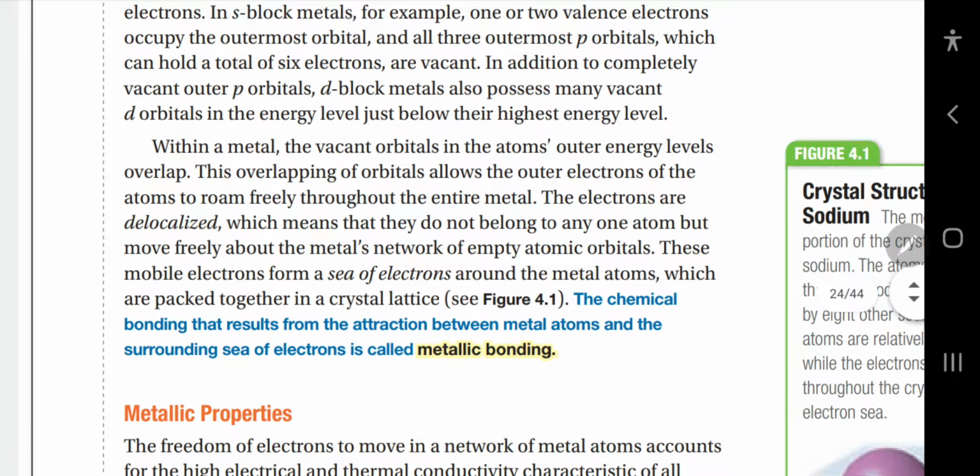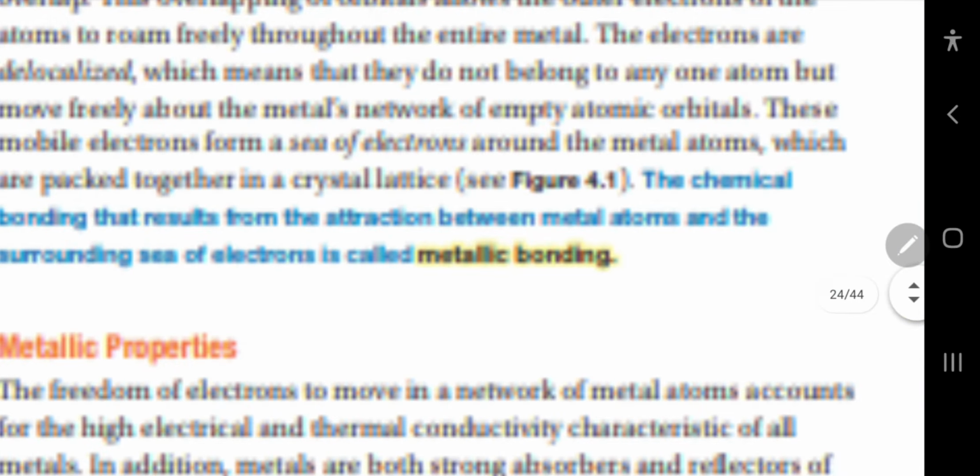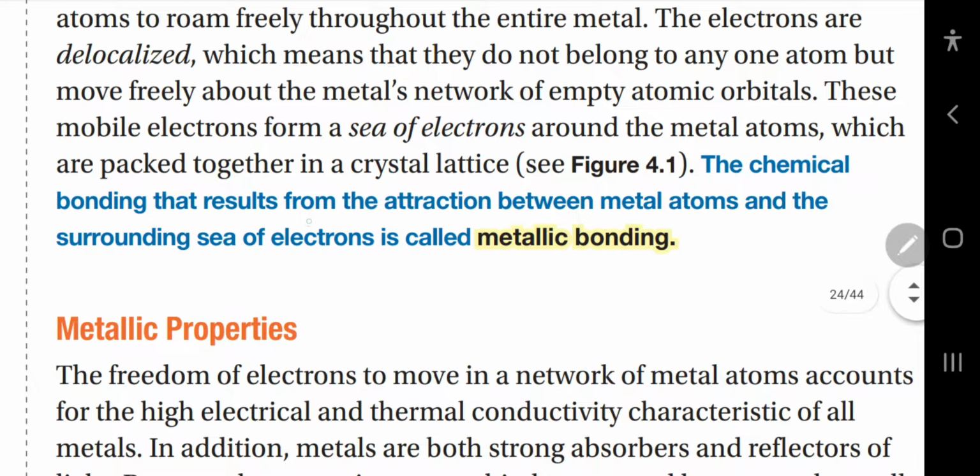So the chemical bonding that results from the attraction between metals and the surrounding sea of electrons is called metallic bonding. And actually, this sea of electrons is the main reason that gives the metal its own properties.